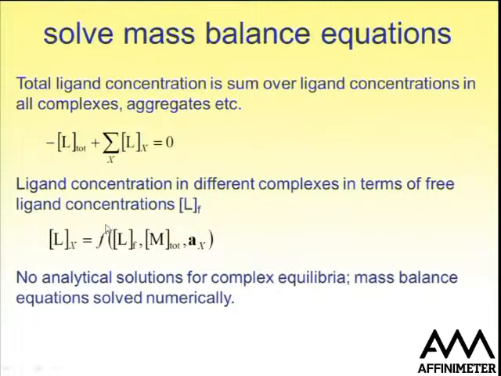So the next thing that you then need is a series of equations that gives you the concentration of the ligand in binding mode, aggregation mode, X, some kind of place where the ligand can be. And you need to express that as a function of the free ligand concentration, the total macromolecule concentration in this case, and a series of different parameters, A, X, which describe, for example, a stoichiometry and a binding affinity in this particular case.